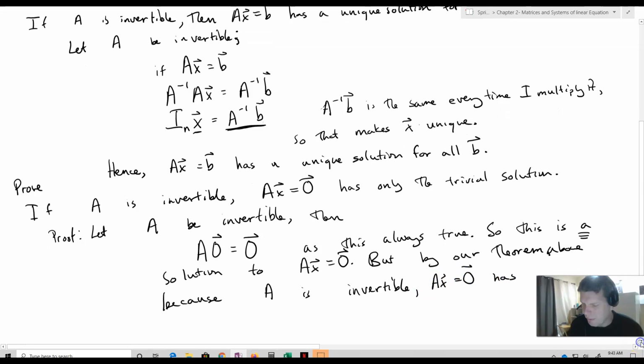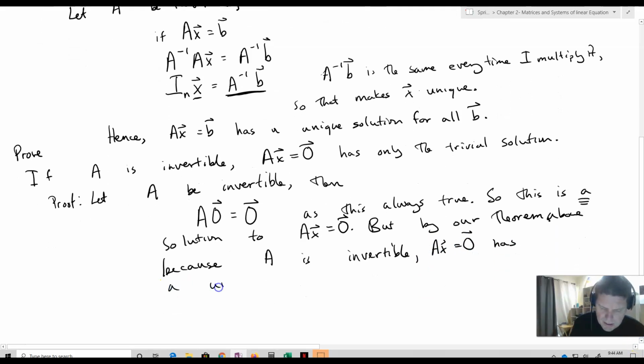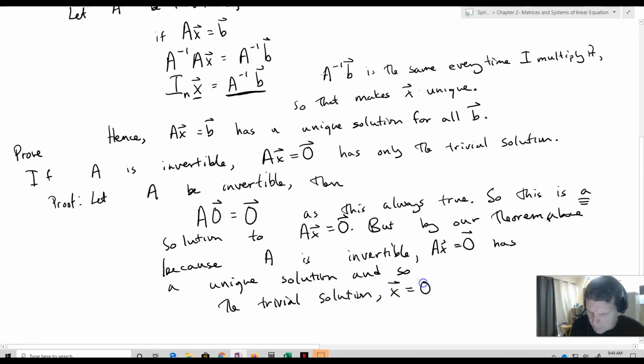That was the statement from the previous one. And so the trivial solution, x equals 0, is the only solution. All right?